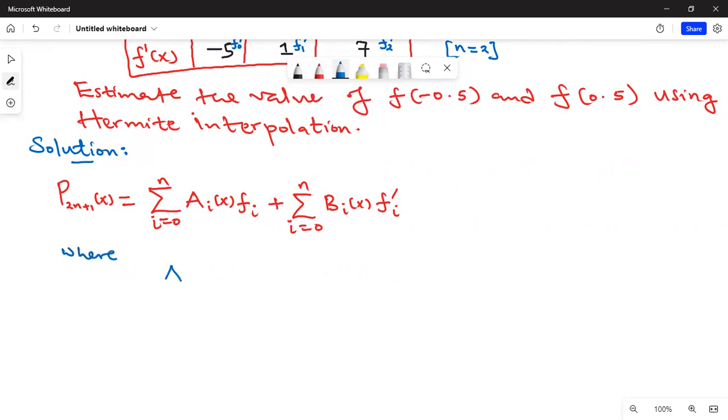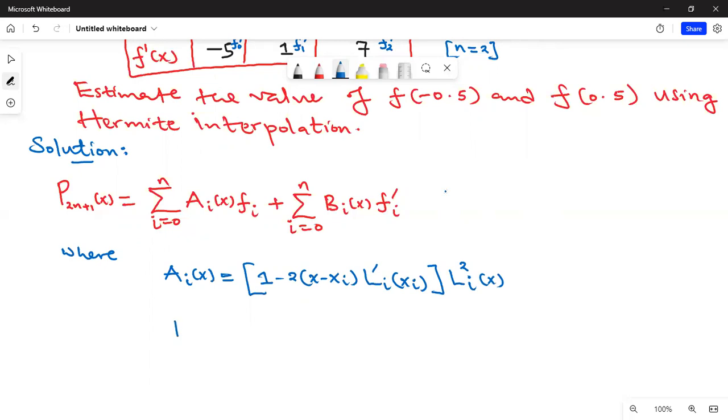what we call ai of x is defined by 1 minus 2 into x minus xi times li prime of xi, then times li squared of x.